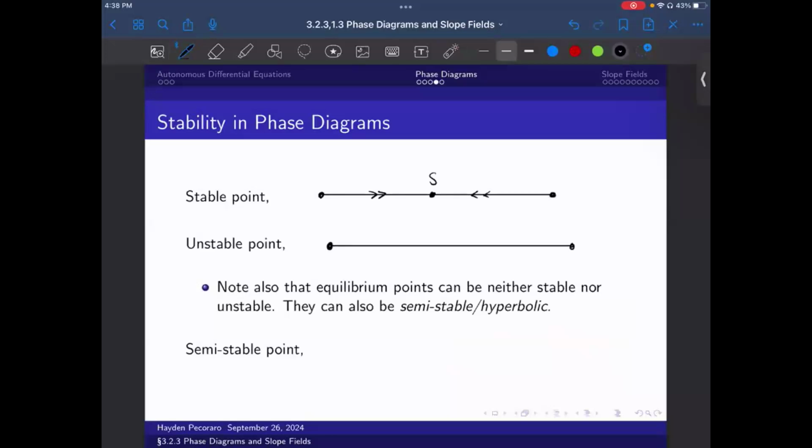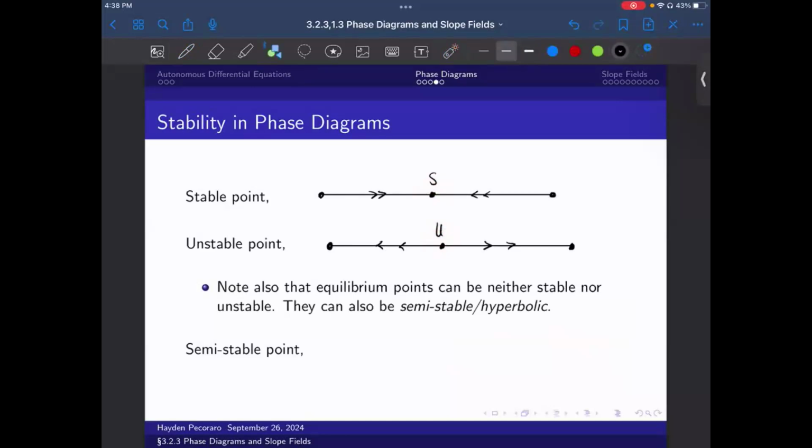For an unstable point, call it U, you have arrows pointing away from it. So everybody wants to be near a stable point. Nobody wants to be near an unstable point.